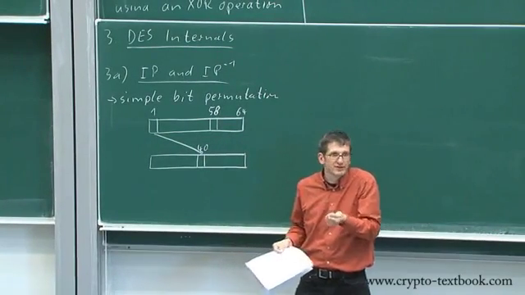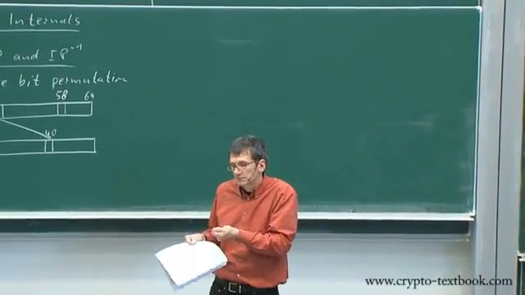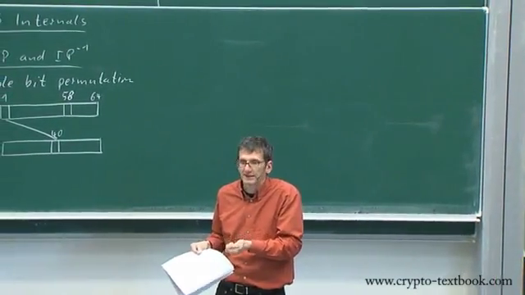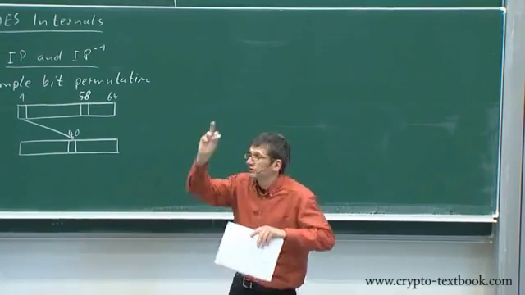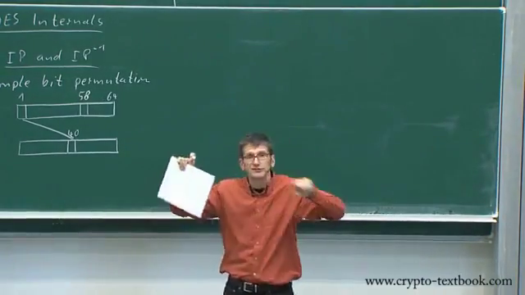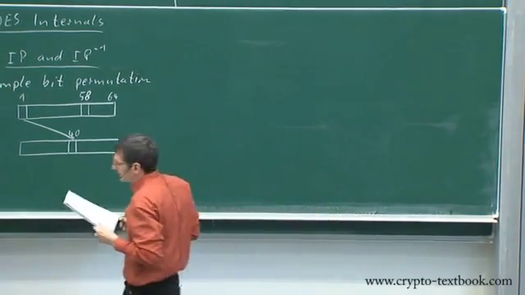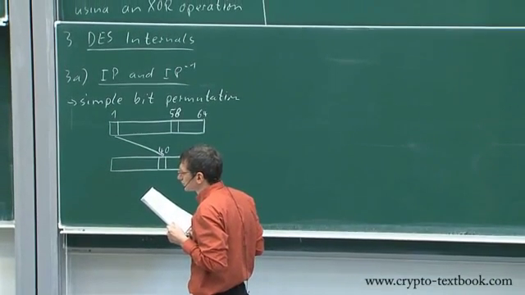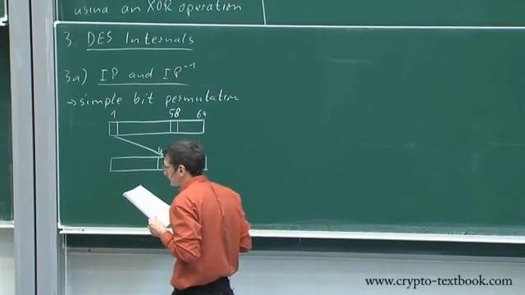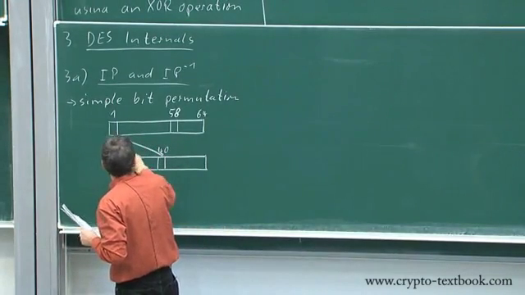If you want to actually build a DES encryptor by hand, you really have to introduce a wire. A wire goes from position 1 to position 40. Okay, it's just a cross wiring, right? And then bit 58 is copied to position 1, which is a coincidence here.